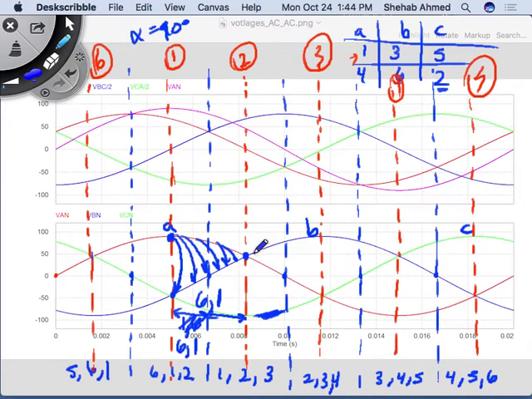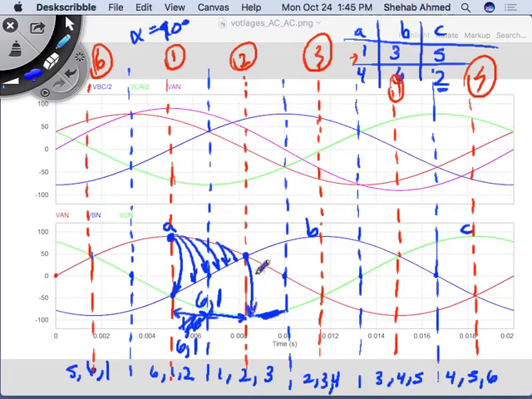So here, these 2 will be the ones conducting. No, A, sorry. A is the red.